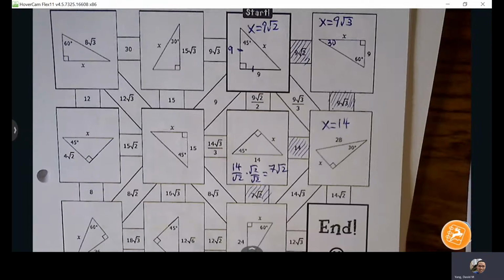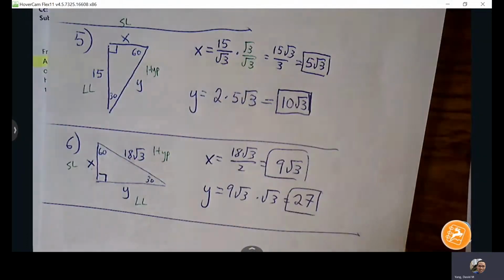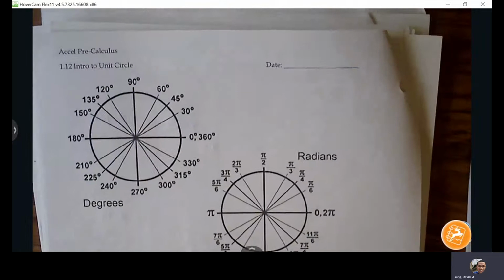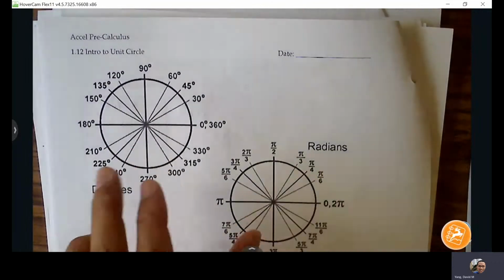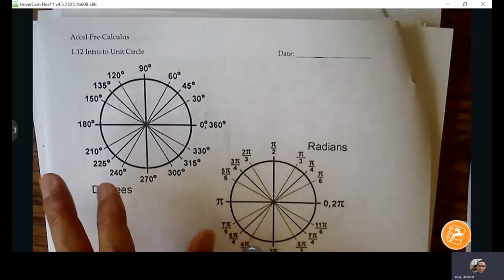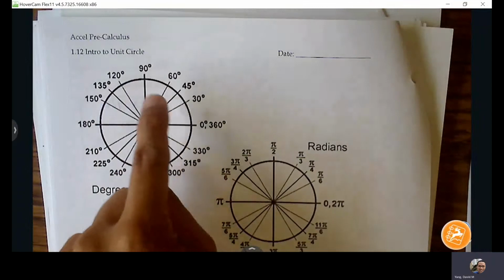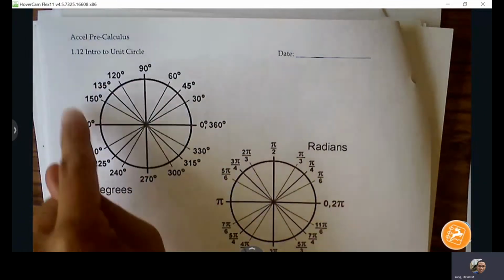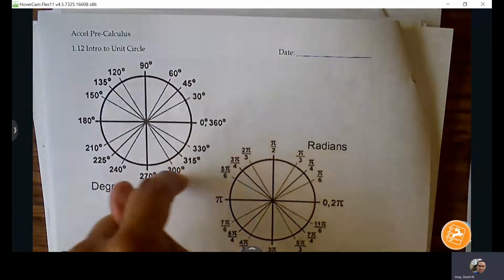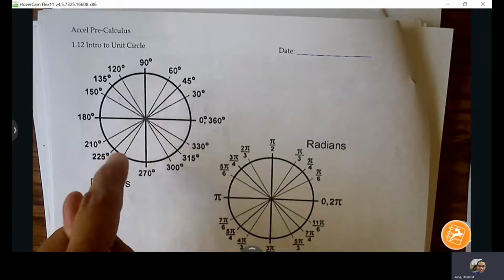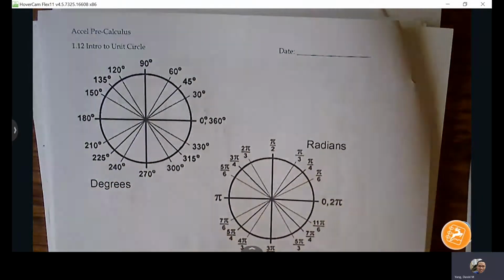Okay, so page 28. This is a little bit of an intro to unit circle. So with unit circle, we're going to have to understand how to arrive at these major angles, special angles, in terms of degrees as well as radians.